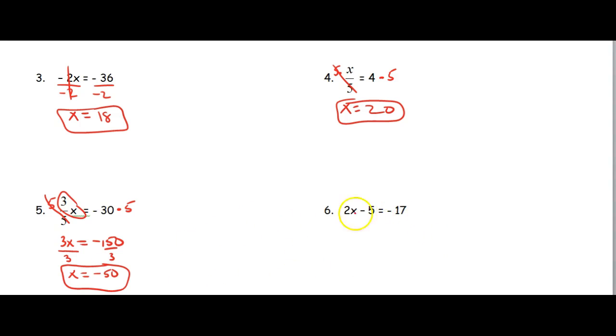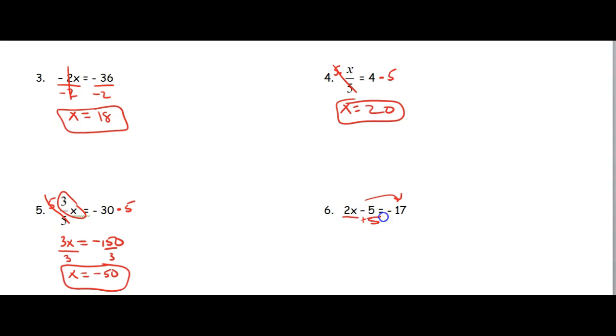Now remember up above we said anytime you have to get x by itself using two steps, we always undo addition or subtraction first. So, since this is the x term, I want all my x's on the left, and I want all my constants on the right, which means that 5 is a constant on the left that I've got to move to the right side. What operation is 5 linked to 2x by? Subtraction.